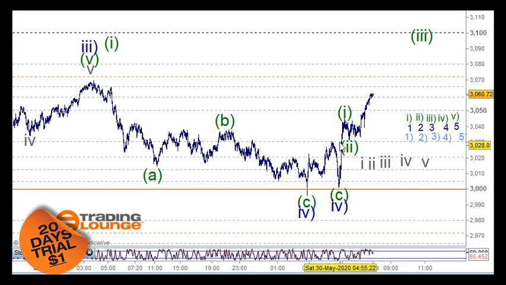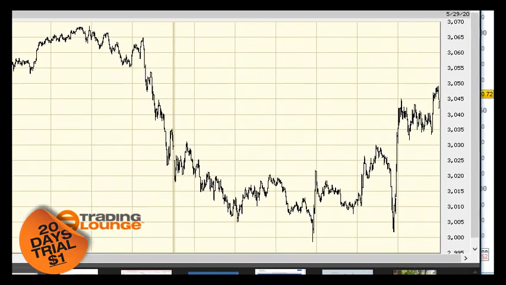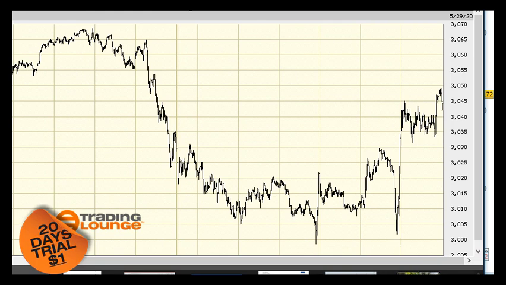Now I've got this weird move here that's in 3 waves to the upside, and then down from here. So it makes it a little bit difficult to count this. I'm not quite sure about this. On the cash market, I can resolve it a little bit better. So on the cash market here, this is the SPX on 1 minute chart.